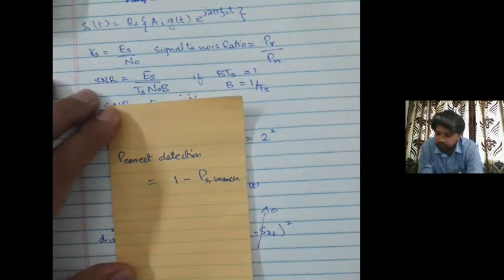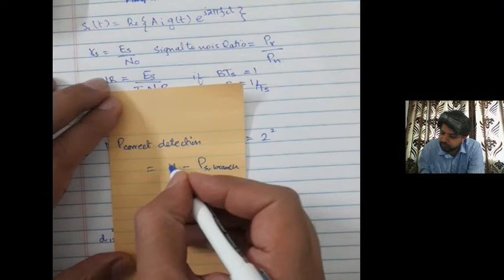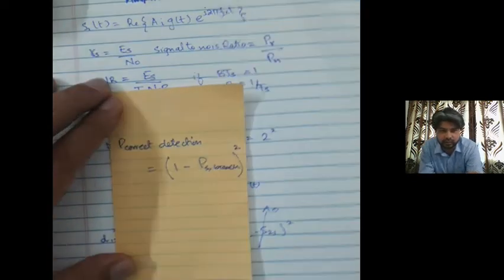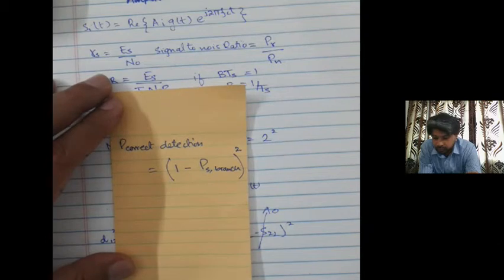But you have two branches. So you can assume that both of these branches have probabilities that are independent of each other. So the probability of the correct detection overall would be the square of this quantity. You would have this as the probability of the correct detection for both the branches.